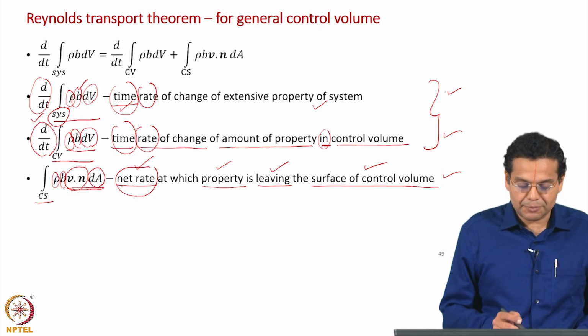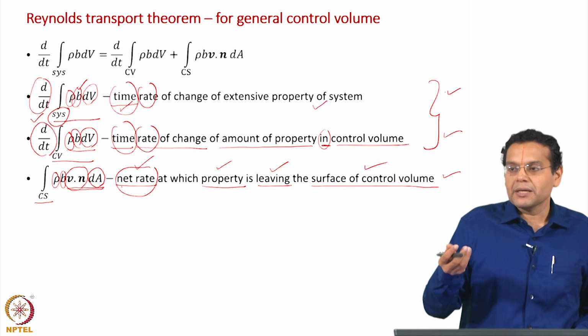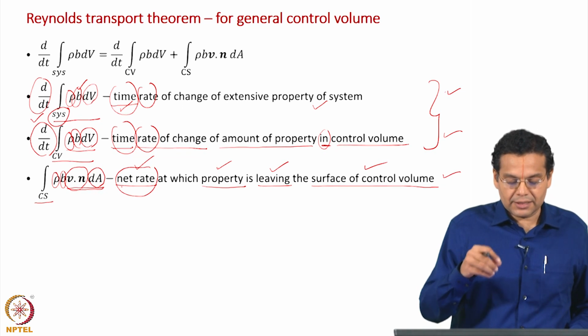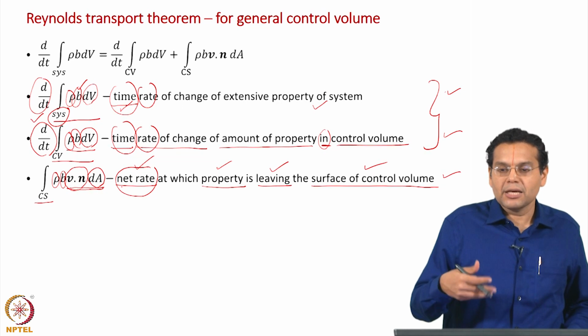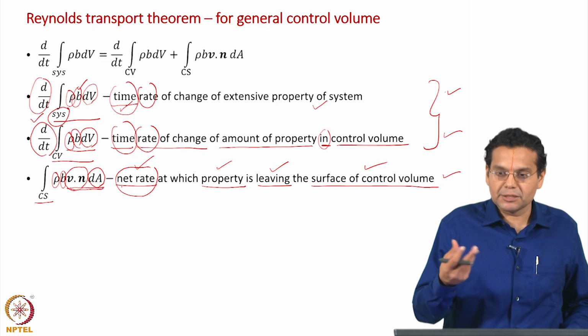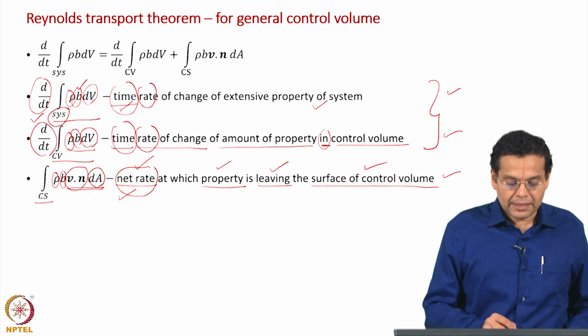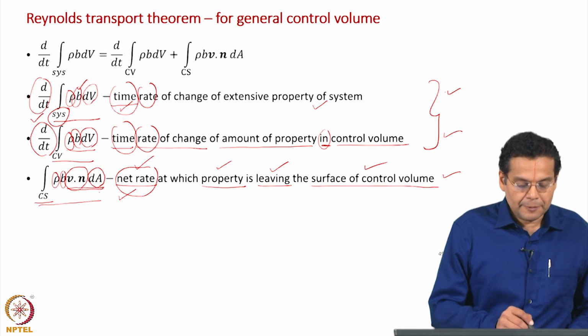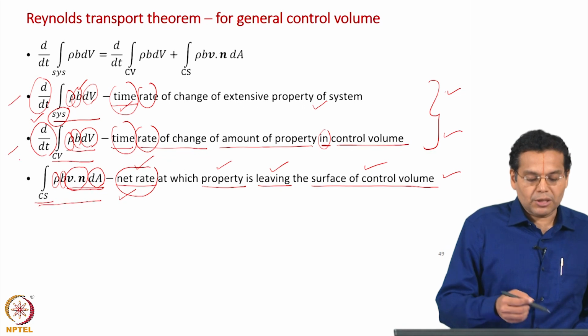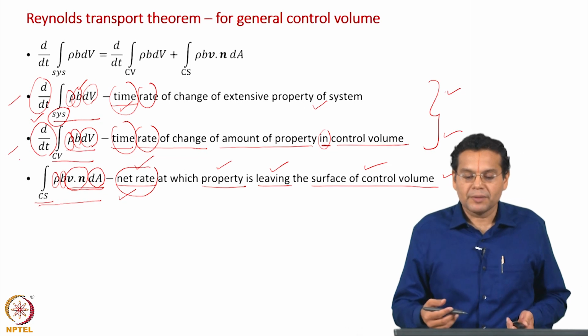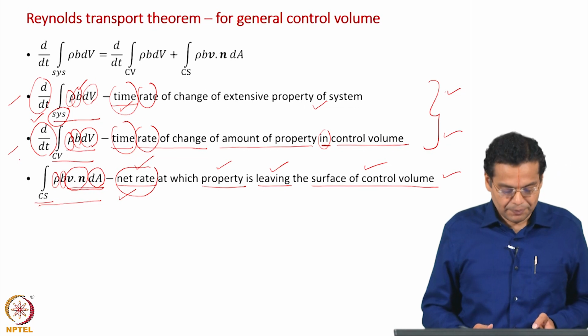So, this rate is because we have a fluid flow, a flowing fluid has with it associated mass, momentum, energy, and then species mass. So, whatever is carried by the fluid flow is represented by this integral. These two represent whatever change with respect to time, one for system, one for control volume.